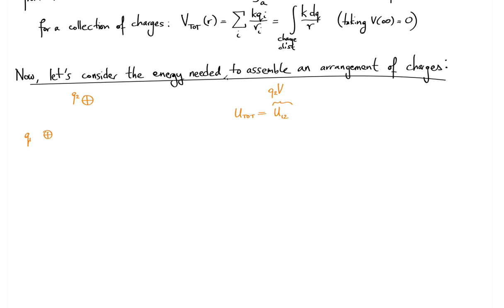I'll call that V1 at position 2, which just means where Q2 is. All right, so let's imagine we bring a third charge in. I'm going to bring in Q3.